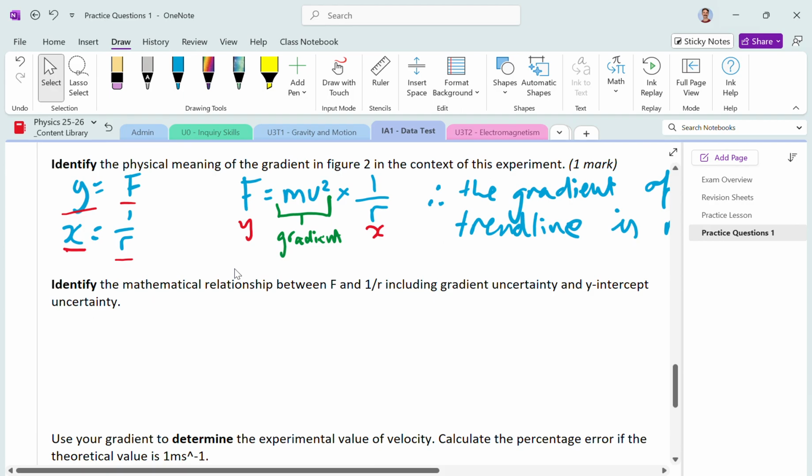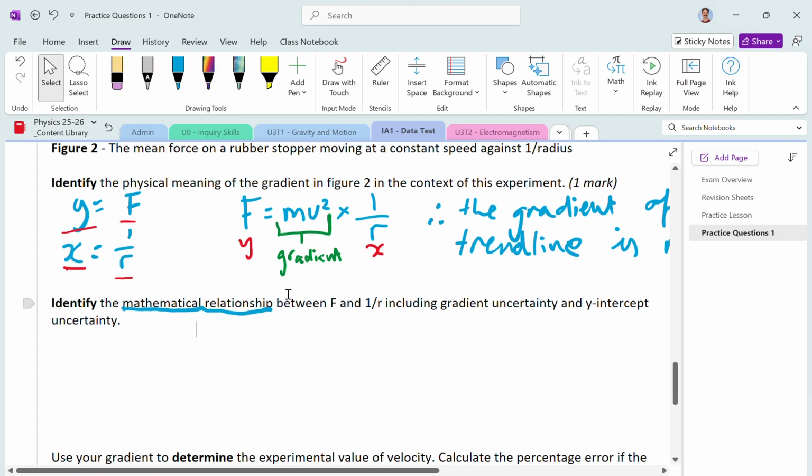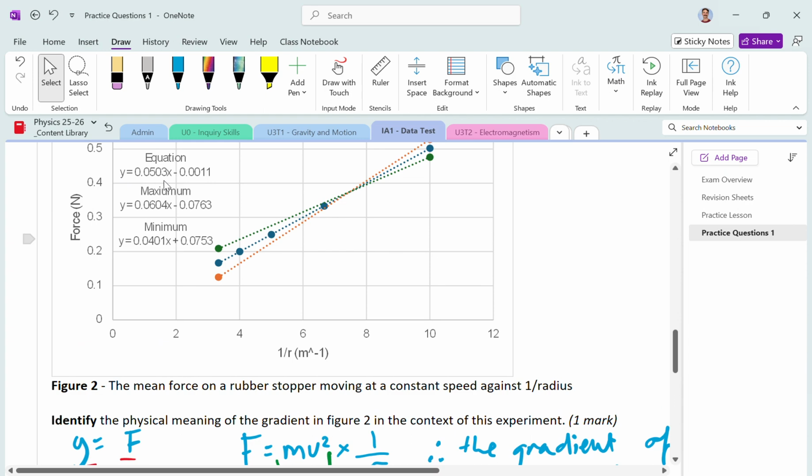The key word here is the mathematical relationship, which we are given, because the mathematical relationship, as I've identified up here, between force and 1 over r is given by this equation.